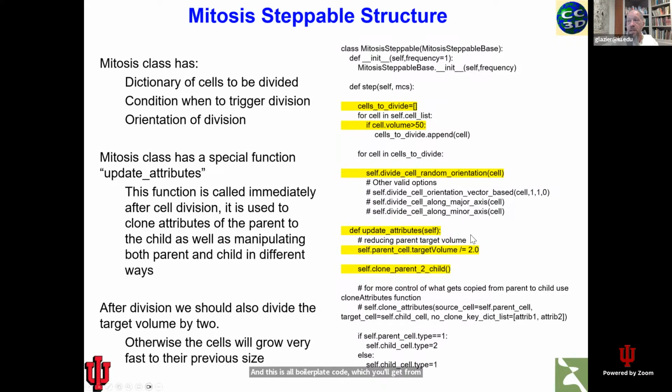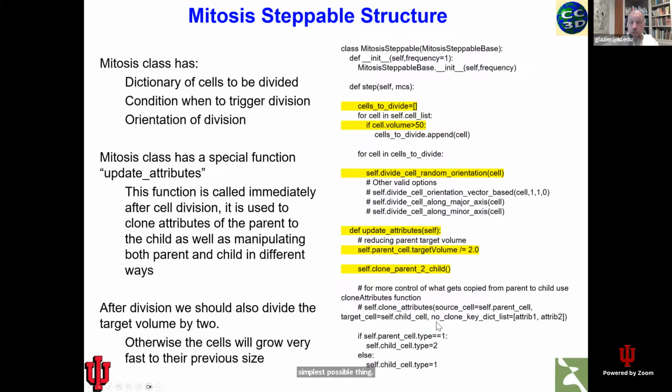Once we've divided a cell, we have to say what happens to the daughter cell. In particular, we're going to say that the parent loses half of its volume, and the daughter cell has all the properties of the parent, including half of the volume. That's the simplest possible thing.